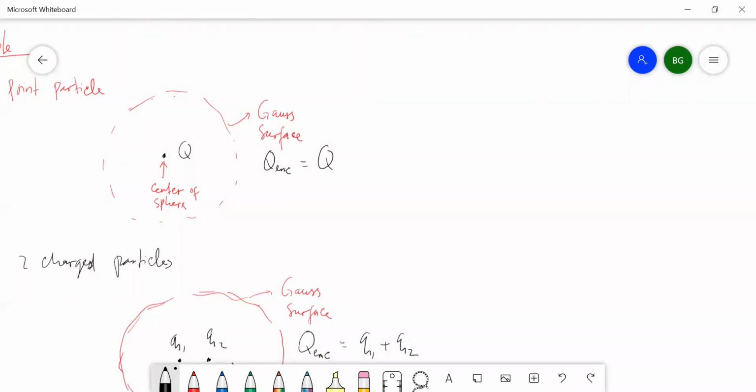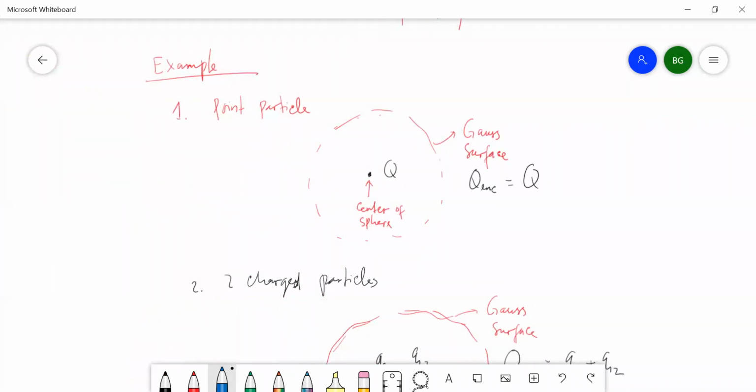So, for example, this Gauss surface, the red one. If I take another Gauss surface, the blue one, let's say here, this is also a Gauss surface. How many charges does this blue surface cover? Zero, yeah, none.